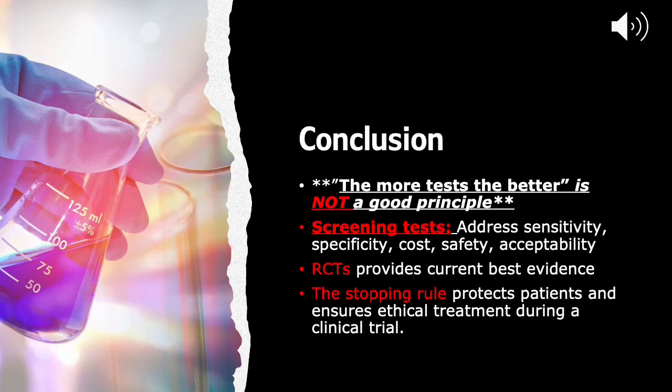And noted what is starred and put in red, the more tests the better is not a good principle. Screening tests: sensitivity, specificity, cost, safety, acceptability. You need to understand what these all mean in terms of screening tests. So how do they affect them? RCTs provide the current best evidence, and the stopping rule protects patients and ensures ethical treatment during a clinical trial.